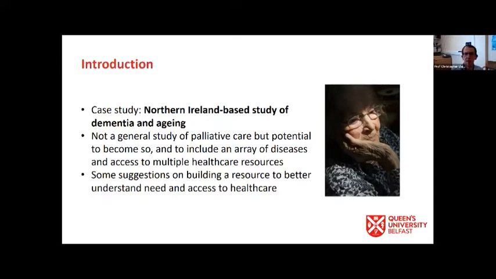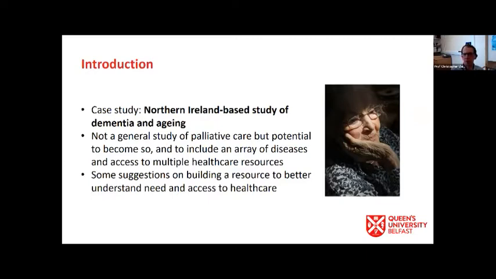It's largely driven by data and a number of other issues as to why we would focus on this particular area alone. So it's not a general study of palliative care, but the sorts of approaches I'm going to talk about could be expanded. There are a variety of initiatives out there that could be linked to or built upon as well.